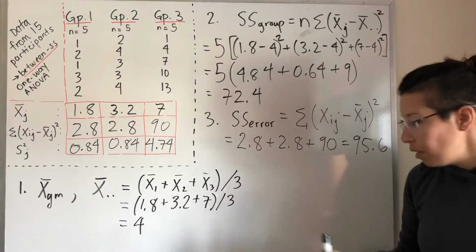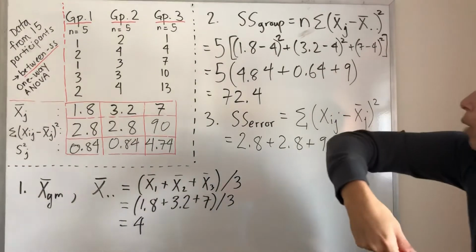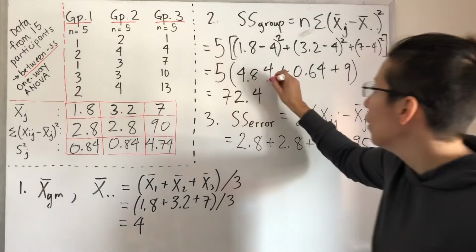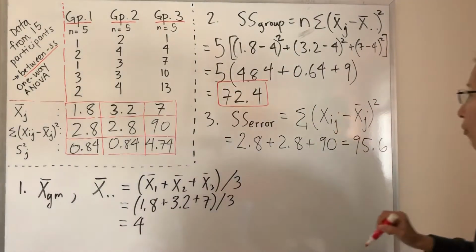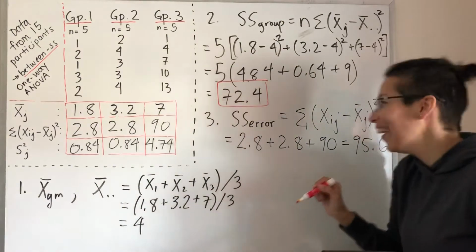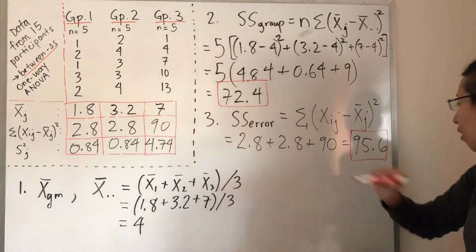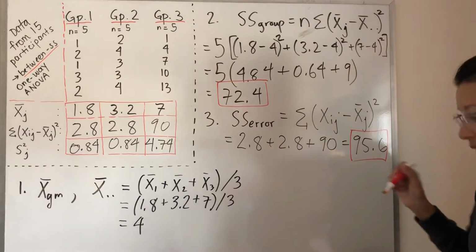Okay, so now it might be helpful for me to put the 72 in a square, and box off this 95.6.